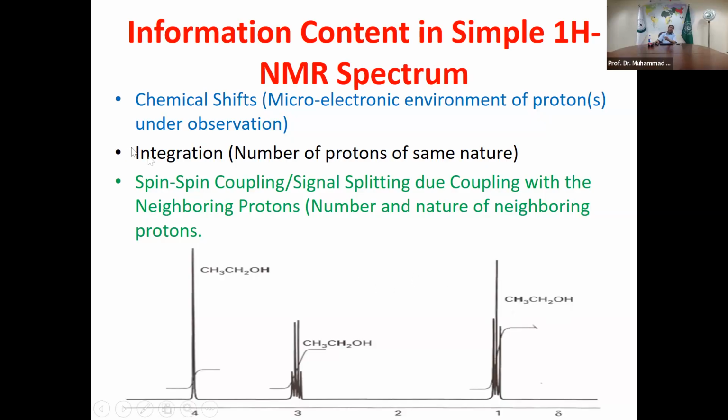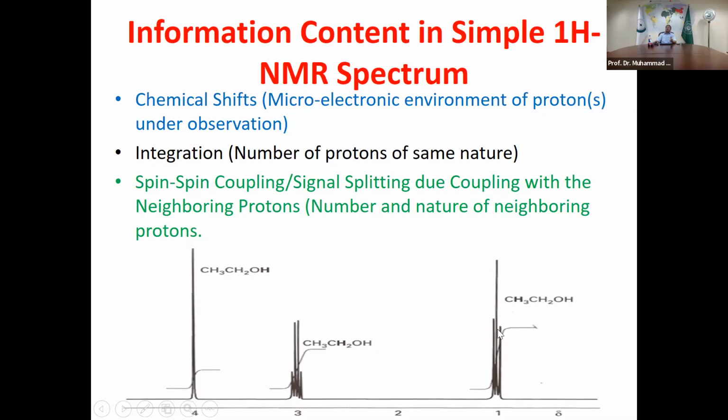The second important information which you get from that is integration. Integration is the number of protons under the peak, or the number of protons of the same chemical and magnetic environment. For instance, in this case, CH3 means 3 protons and CH2 has 2 protons and OH is 1 proton. So you can see this line. Now we don't show lines. Now in a proton NMR spectrum, integration is actually written down there as a number, as an integer.